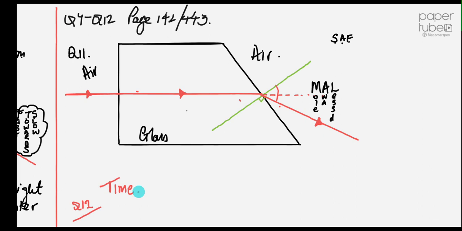I'll have a look at them. 3 by 10 to the 8, 2.3. They're all by 10 to the power of 8. So the biggest change is between air and diamond. Fair enough. Between which pair of materials does light refract the most? Well, again, it's the same.